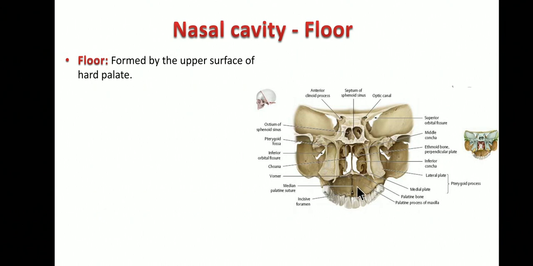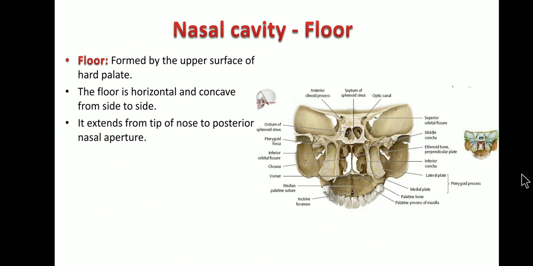Anteriorly it is formed by the palatine process of maxilla, and posteriorly the horizontal plate of palatine bone. So that is the superior surface of the hard palate, and in the midline you have the nasal crest. Okay, it is horizontal as well as concave from side to side, and from the lateral wall you can see the turbinates projecting into the nasal cavity.